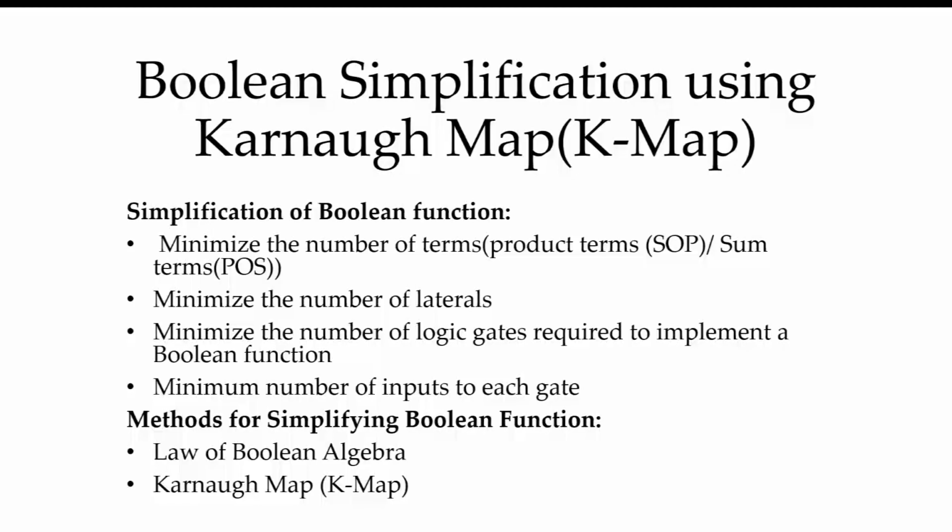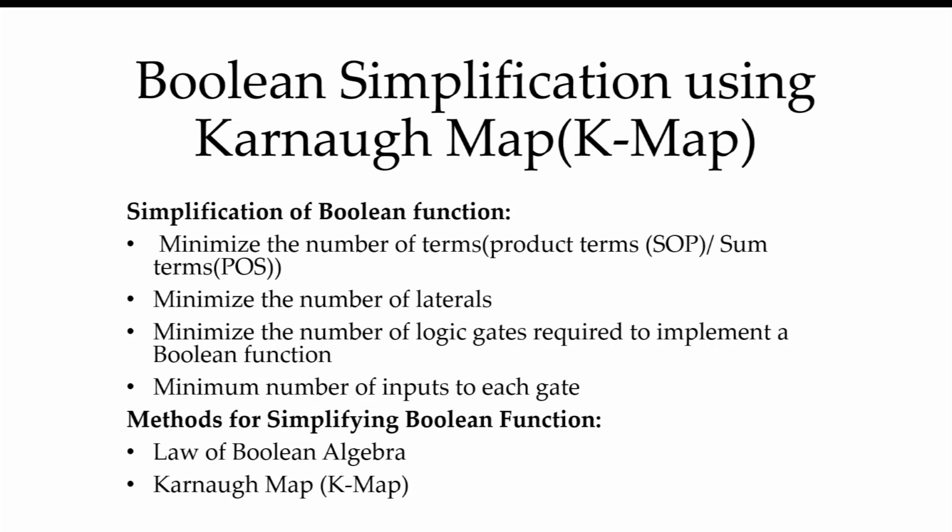In this session we will cover the meaning of K-map, why we use a K-map, and how with the help of a K-map to minimize the Boolean function. And what is the objective of the minimization? Minimize the number of terms, meaning if the Boolean function is in SOP form, then minimize the number of minterms, and when the Boolean function is in POS form, then minimize the number of maxterms.